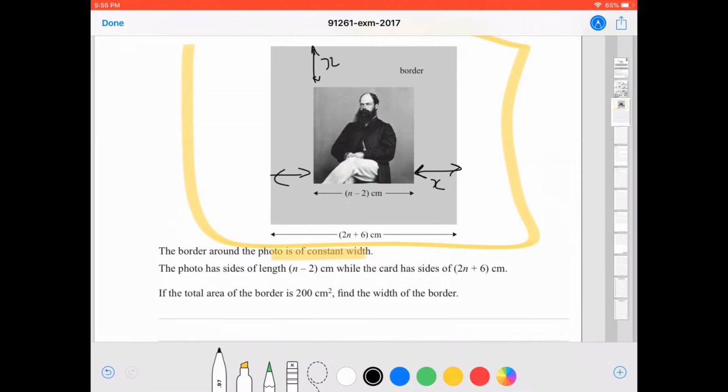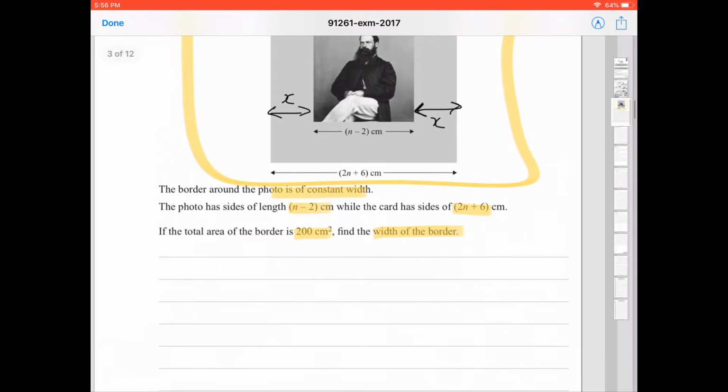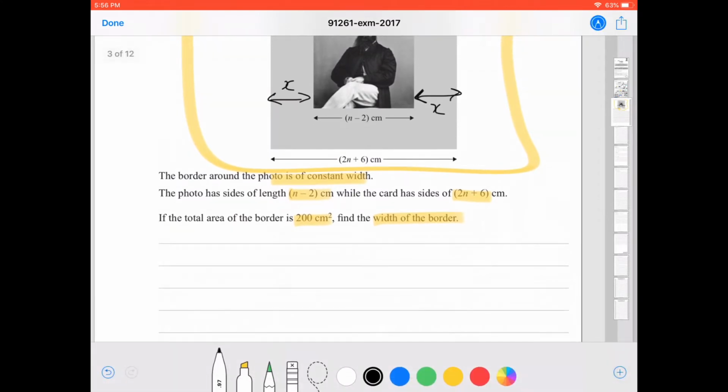It says the photo has sides of length n minus 2, while the card has sides of 2n plus 6. If the total area of the border is 200 centimeters, find the width of the border. So we're solving for x here. So we need to take this area information and create an expression for the area.